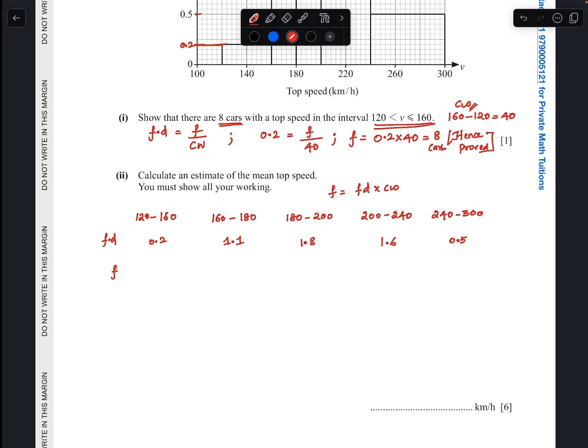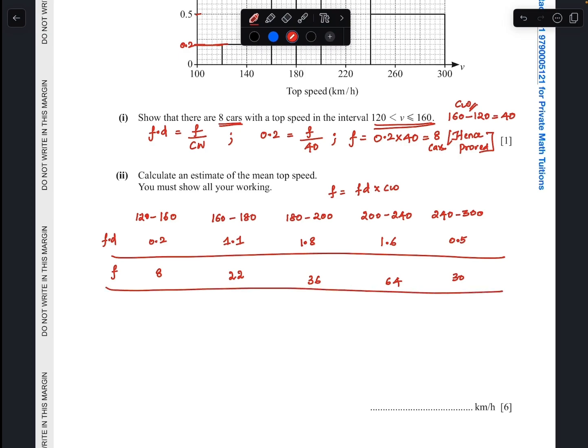So 0.2 into 40, which is 8. 1.1 into 20, which is 22. 1.8 into again 20, which is 36. 1.6 into 40, the class width is 40, that is 64. 0.5 into 60, which is 30.